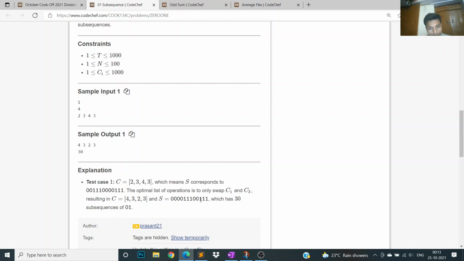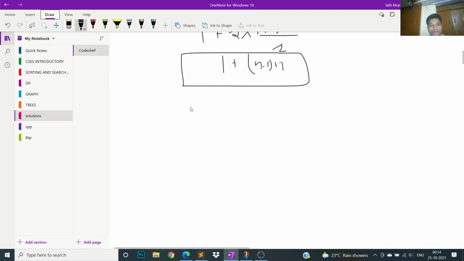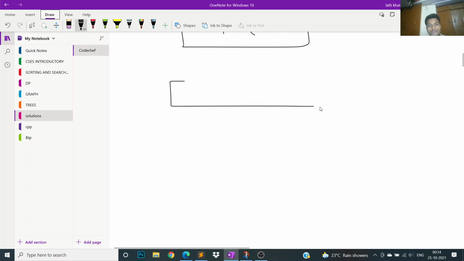So 1, 2, 3, 4, 5, 6. Okay, so in this problem we are given a sequence of zeros, C1, then ones, something like that.